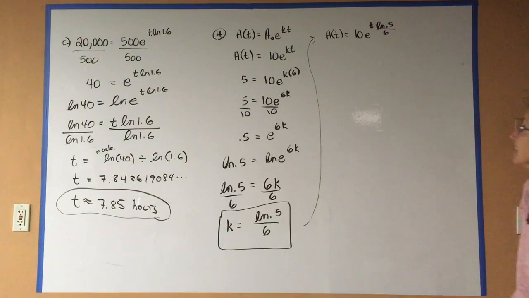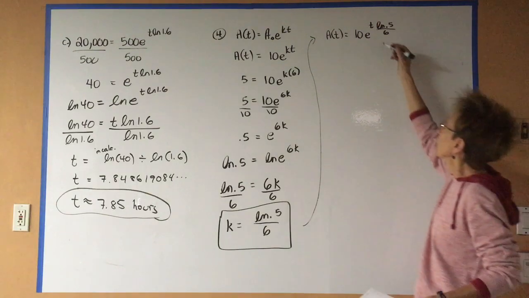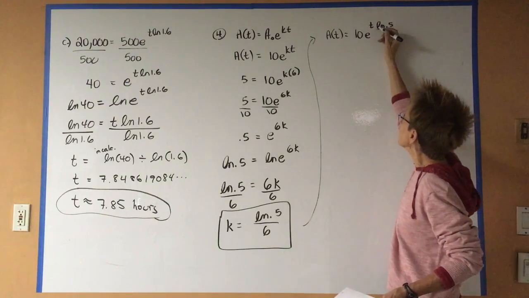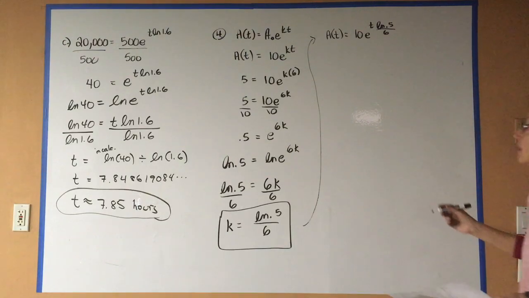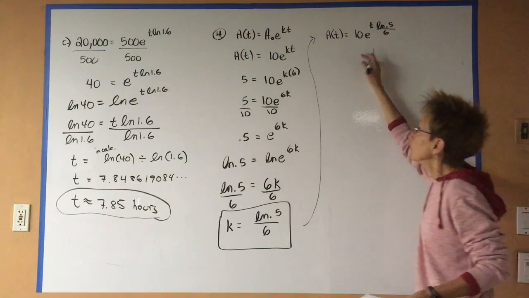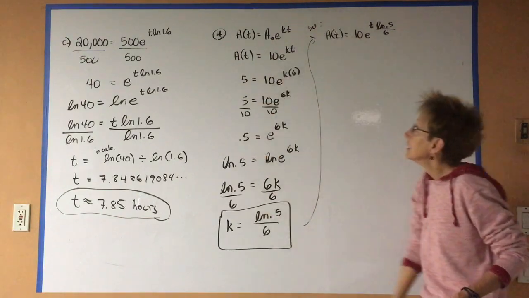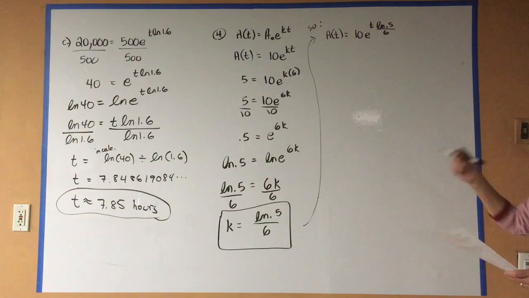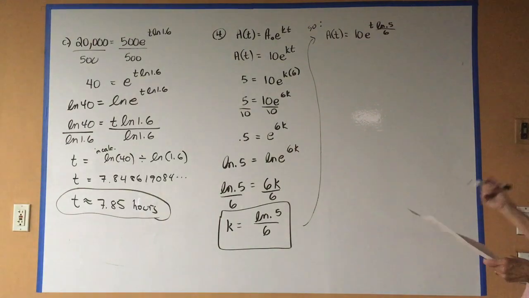So t times ln of 0.5, and then divide that by 6, because t is like t over 1. So this is basically just t ln of 0.5 all divided by 6. So there's my new formula now. A of t is equal to 10 e to the t times ln of 0.5 all over 6.